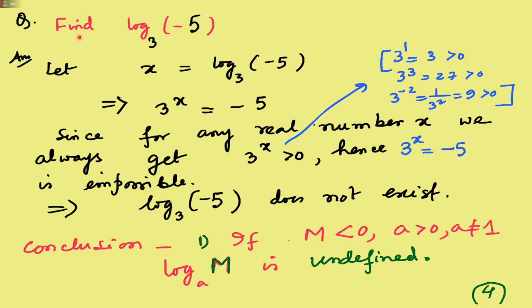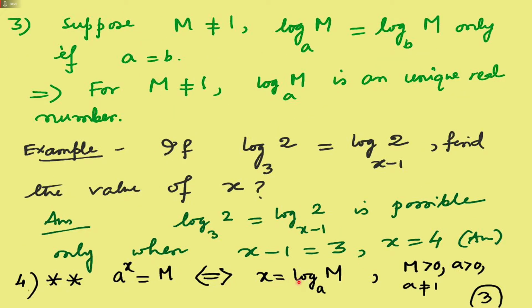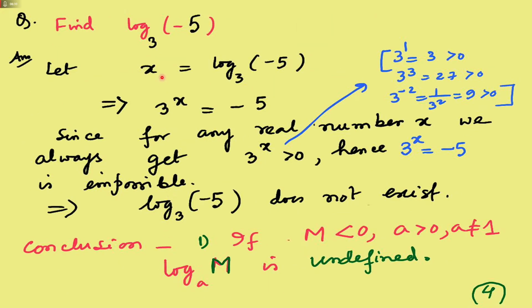Suppose you have to find log of minus 5 base 3. Let the value of this number be x. So by the definition of log, you can write 3 to the power x equal to minus 5. Here 3 is the base, 3 to the power x equal to minus 5.